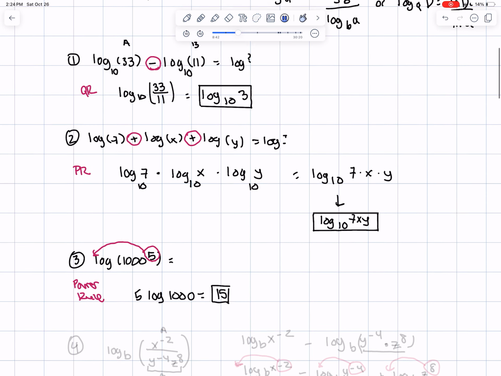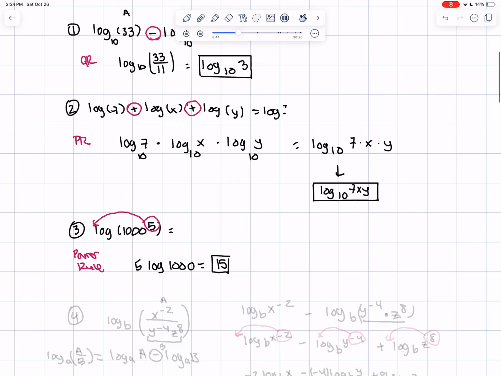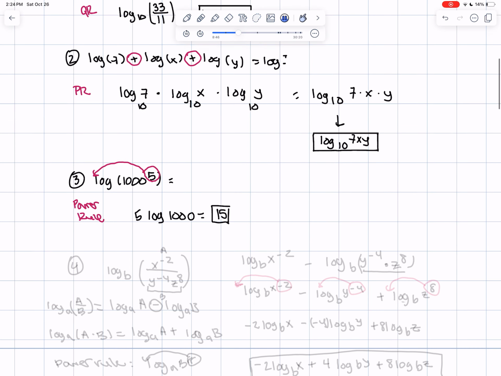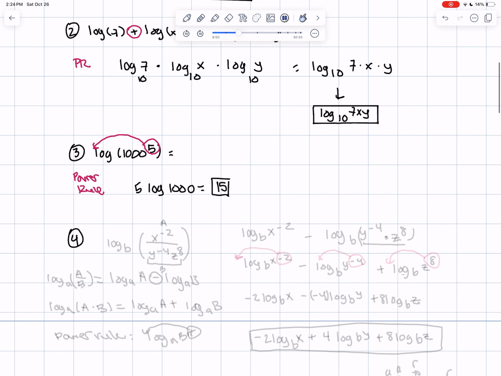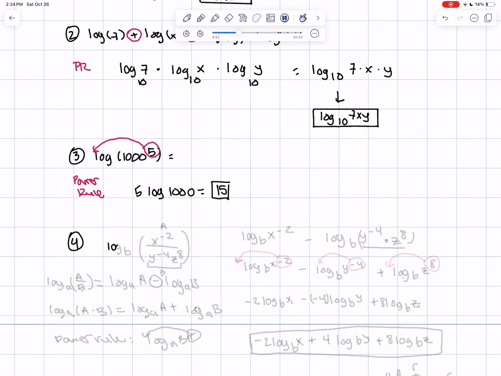Let's do this one: log b of x to the minus 2 over y to the minus 4 z to the 8.